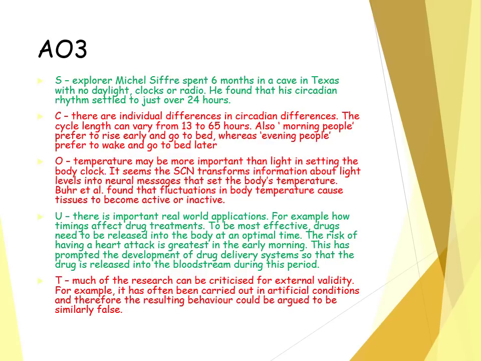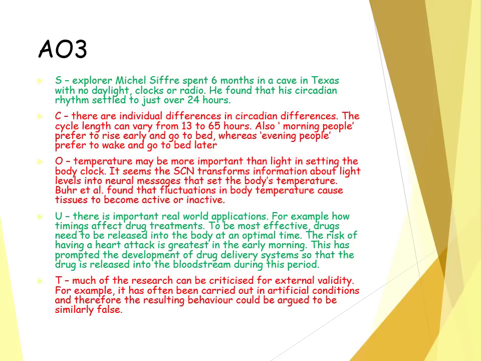However, we've got contradictory evidence from individual differences. Some people call themselves a morning person, some people call themselves an evening person. And also the cycle can vary between 13 hours up to 65 hours. So it all depends from person to person. So we can't make this general law that our biological clock is 24 hours.